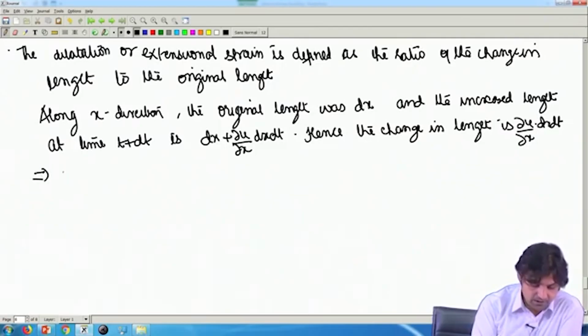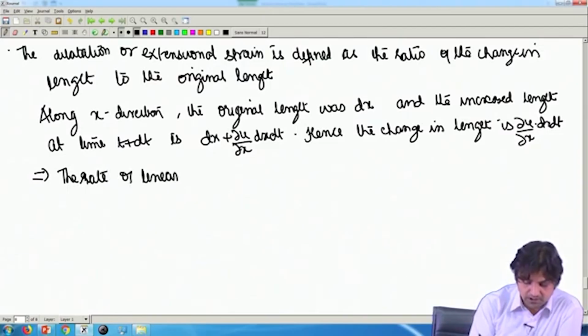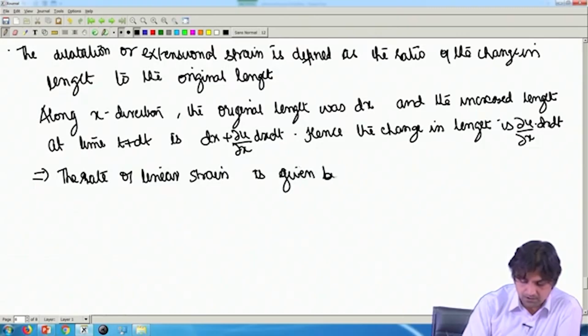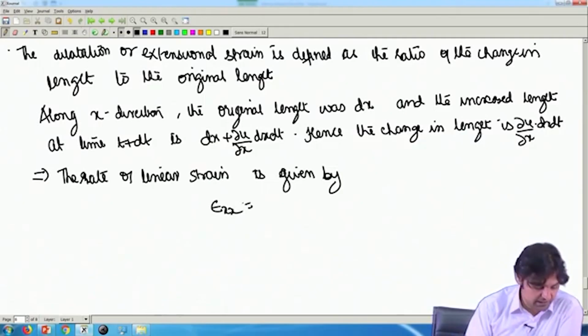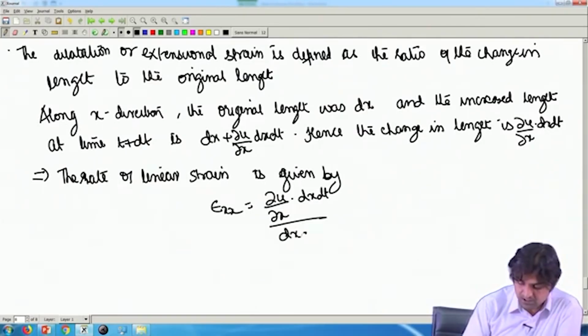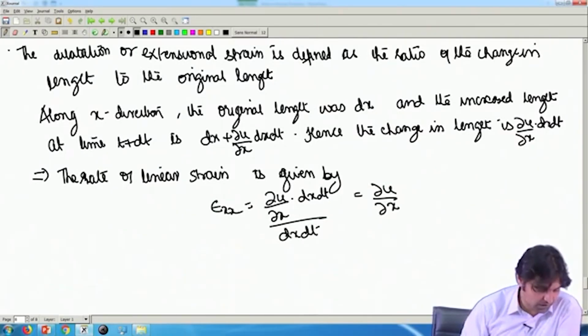This implies the rate of linear strain is given by, that was shear and this is linear, del u by del x into dx dt divided by dx dt, which implies del u del x. So, epsilon xx is del u del x.